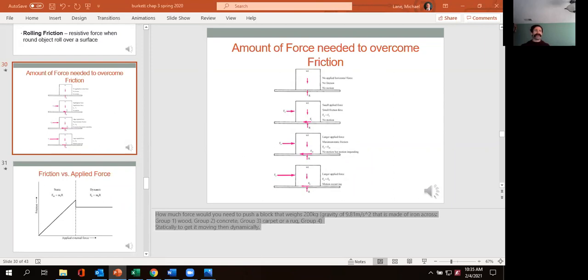Or they could say static and kinetic, so just keep that in mind. Okay, so this should hopefully be a bit easier. It's 10:35. We'll plan on coming back at about 41 or 42.